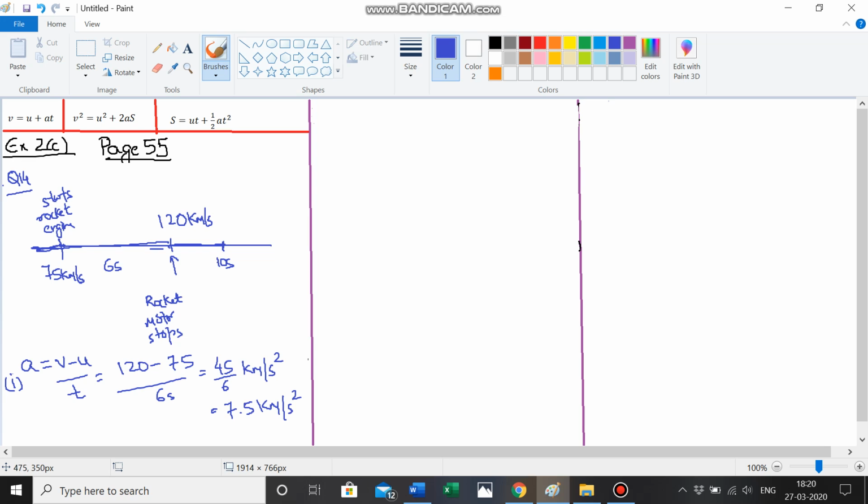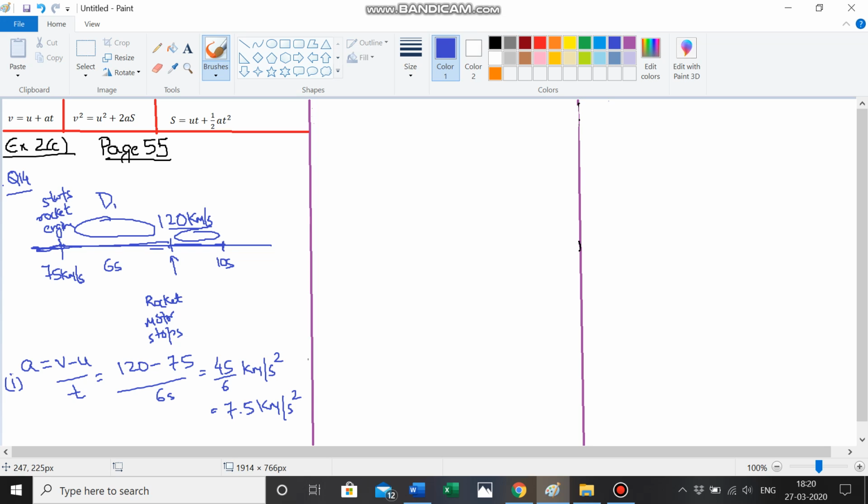The motor was in action only for 6 seconds. So this is where the motor is working, this is where the motor is not working, and it is moving at a speed of 120 km per second.